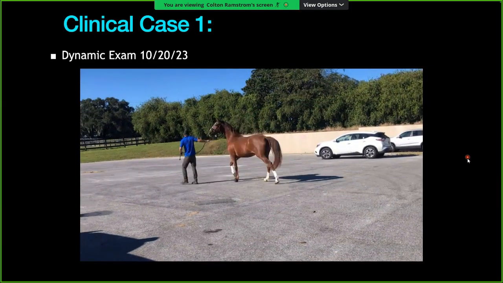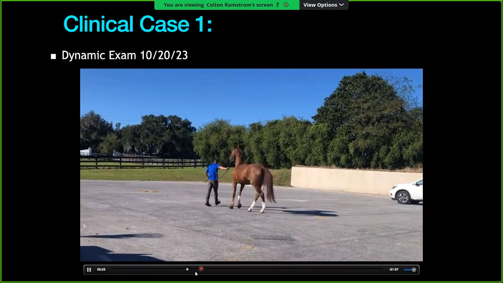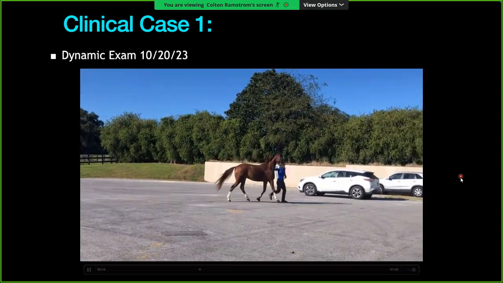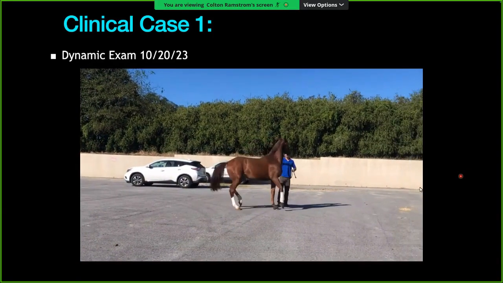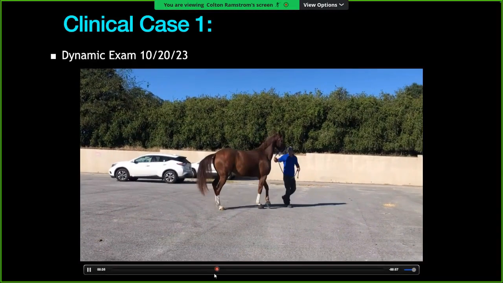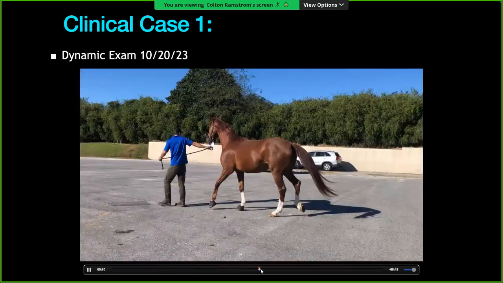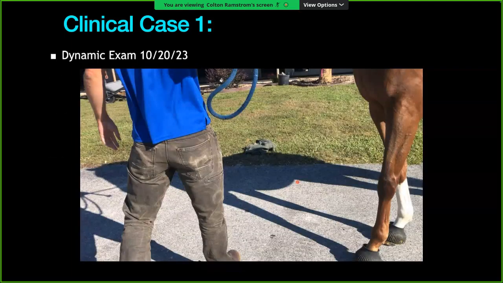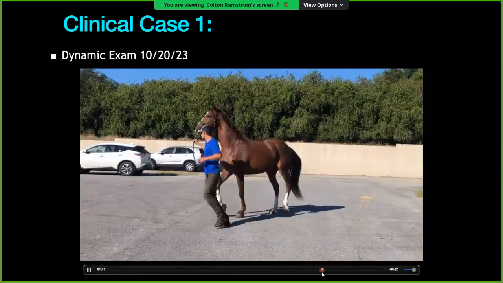He's drawing some decent circles here. Not an extremely helpful exam.